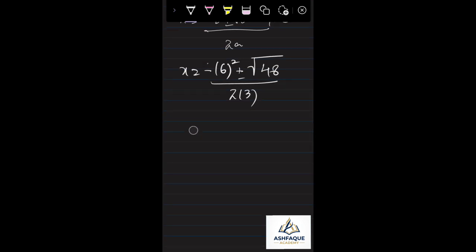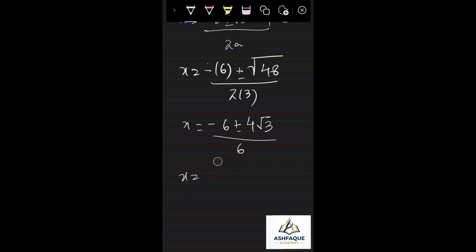So x is equal to minus 6 plus minus the root of 48, and the root of 48 will be 4 under root 3, divided by 6.